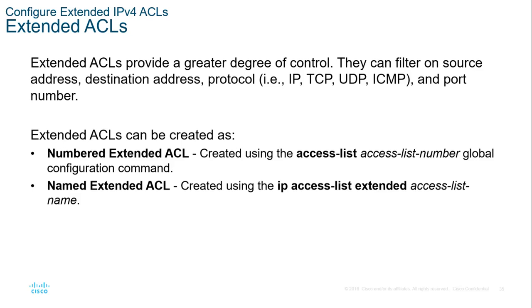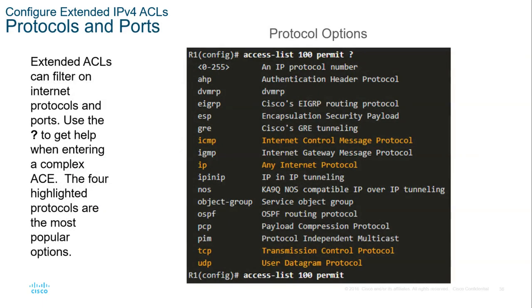Still with extended access control lists, they can be created as numbered, what we saw, and then named. It remains the same, only the syntax is different, and the parameters increase. In the previous we had fewer parameters involved, but this time there are many.